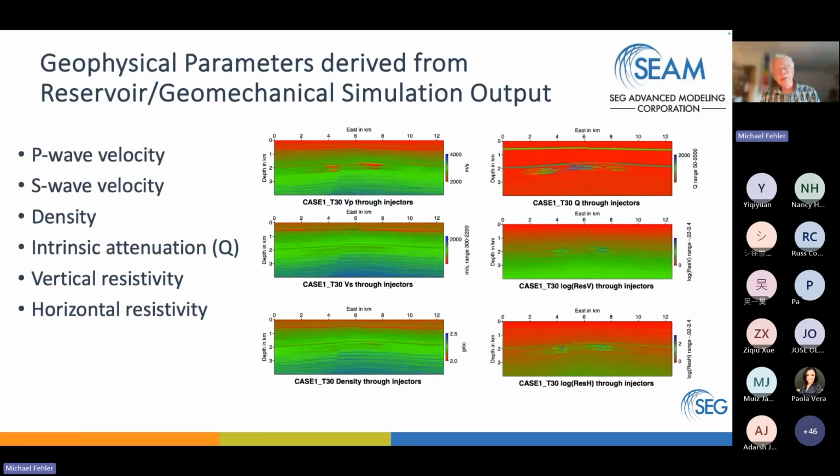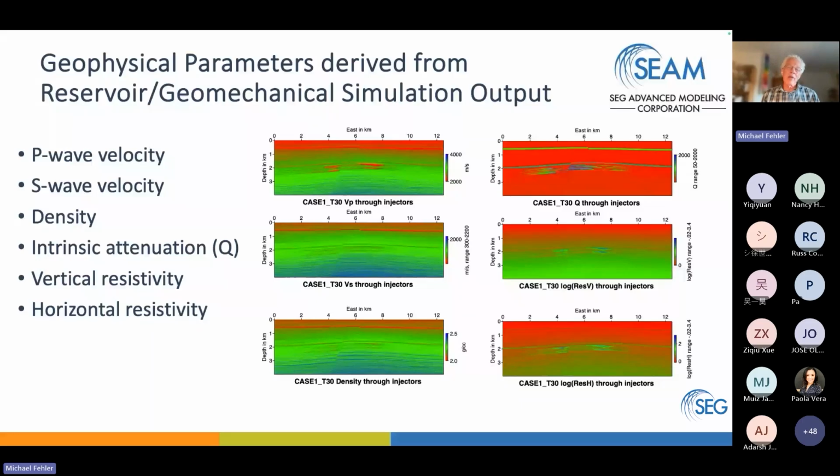We had to do a lot of testing, going back and forth between the initial geophysical parameters going into the reservoir simulation model and then coming back out of it, to make sure that we recovered the same thing, so that when we allowed the reservoir to evolve and then went back to geophysical parameters, we were getting realistic representations of those parameters.